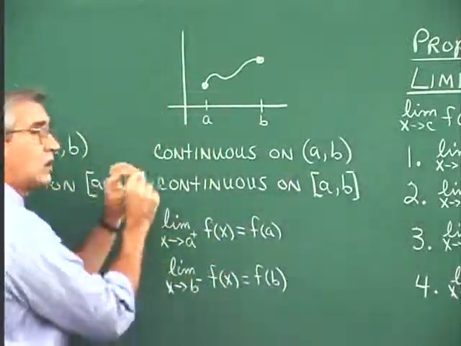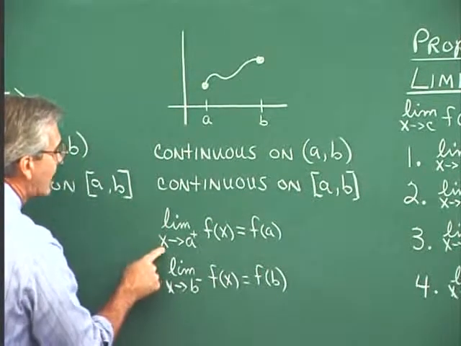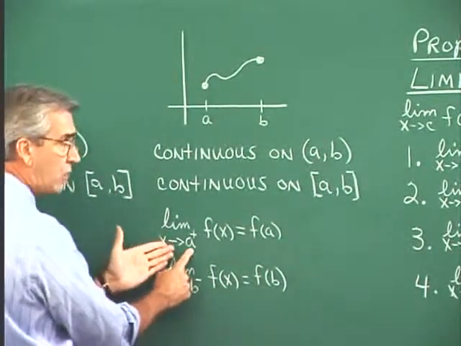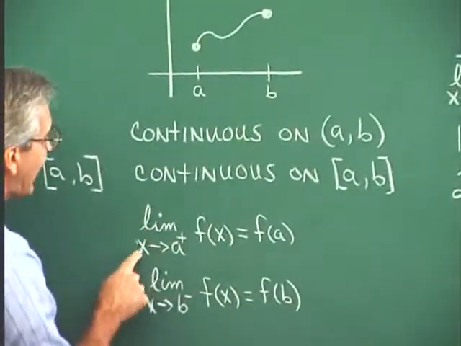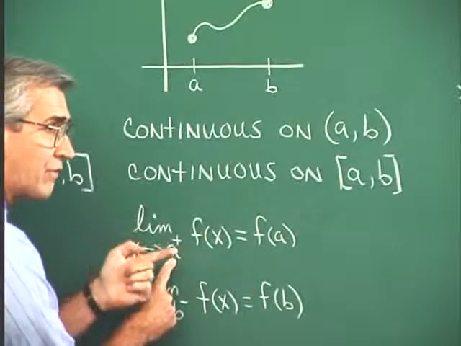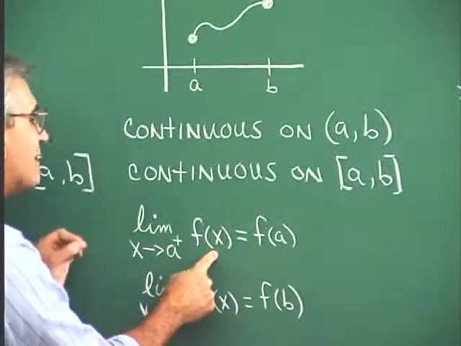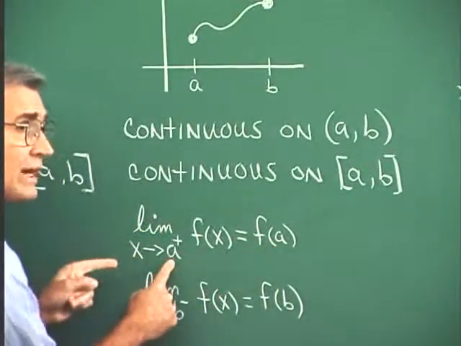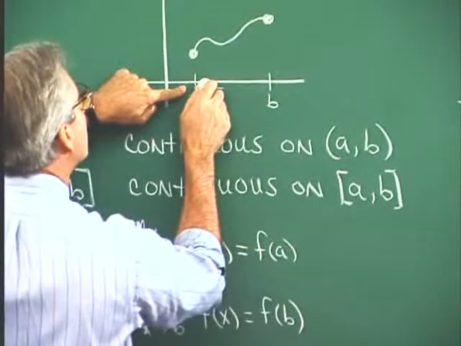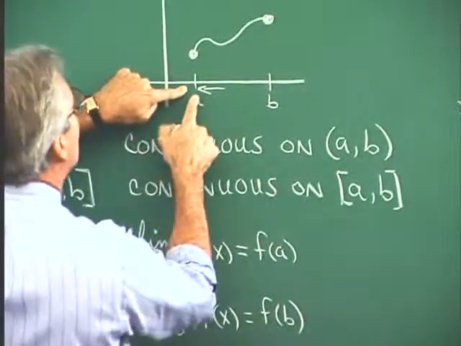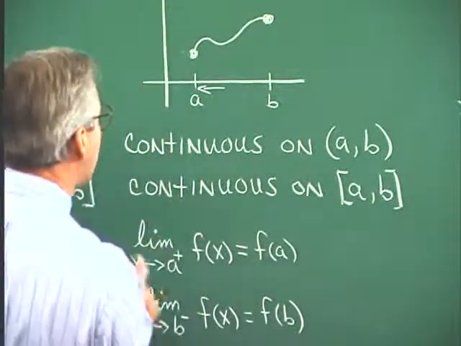You want to verify that the limit as x approaches the left endpoint of the closed interval from the right side is f of that endpoint. As we approach A from the right, that limit is f of A. F of A is that point on the graph.